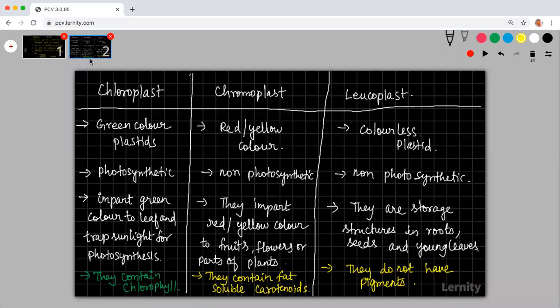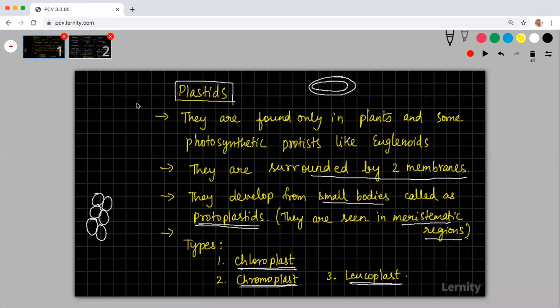Plastids were discovered and named by Ernst Haeckel. So you guys note it down.